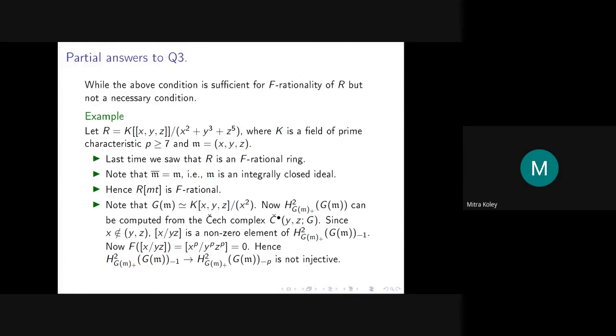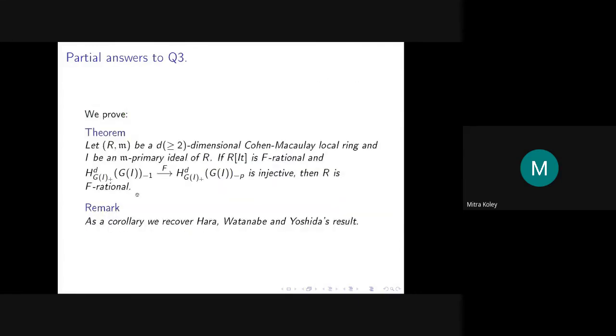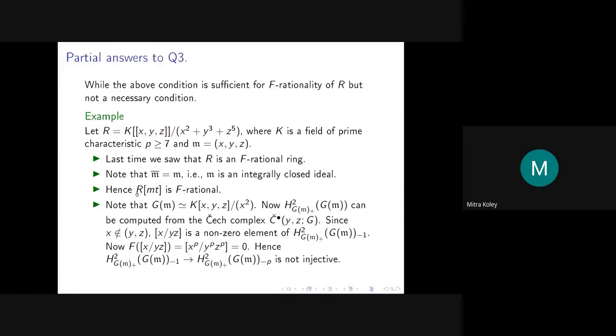This theorem gives a sufficient condition for the base ring to be F-rational, but it is not a necessary condition. Let's see this example. Let R equal k[x,y,z] modulo the ideal generated by x^2, y^3, z^5, where k is a field of characteristic p ≥ 7 and m = (x, y, z).